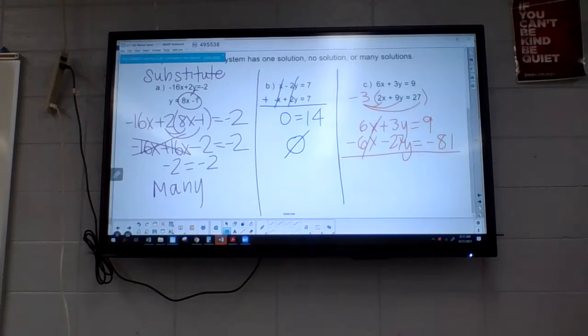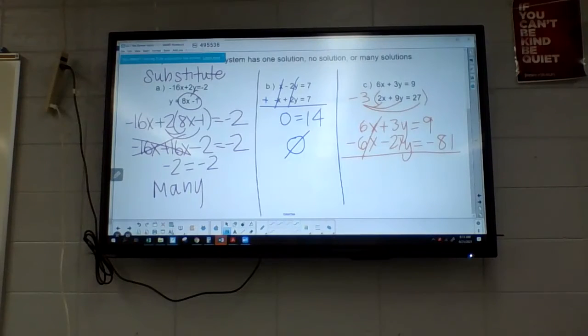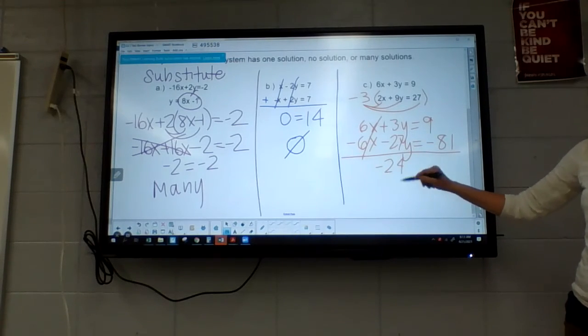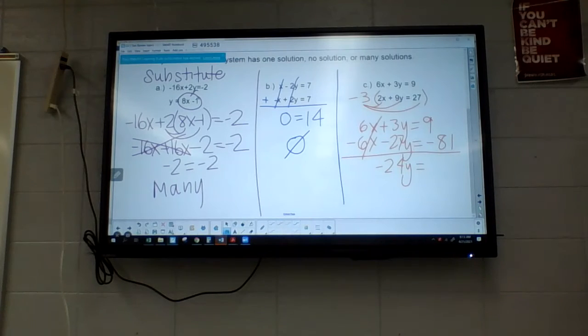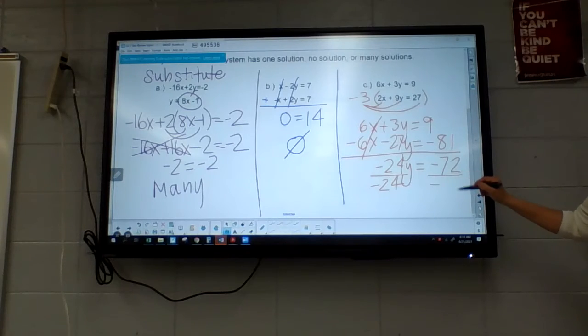Then multiplying everything by negative 3. Yeah, 81. So now I have to do 3 minus 27. 9 minus 81. So we're going to divide by a negative 24, which I believe is going to be a 3.